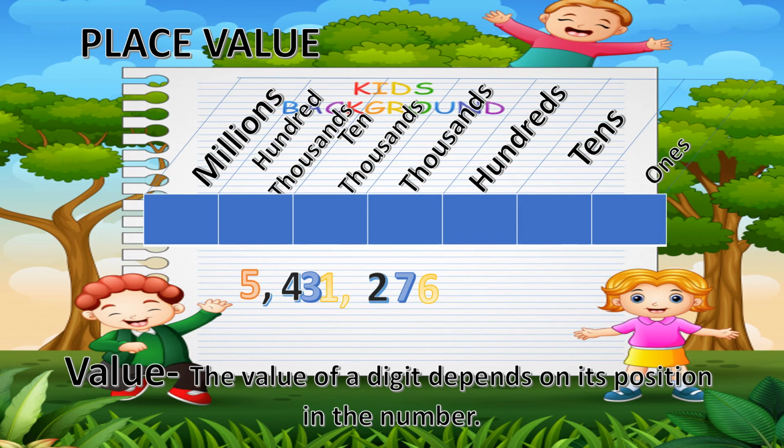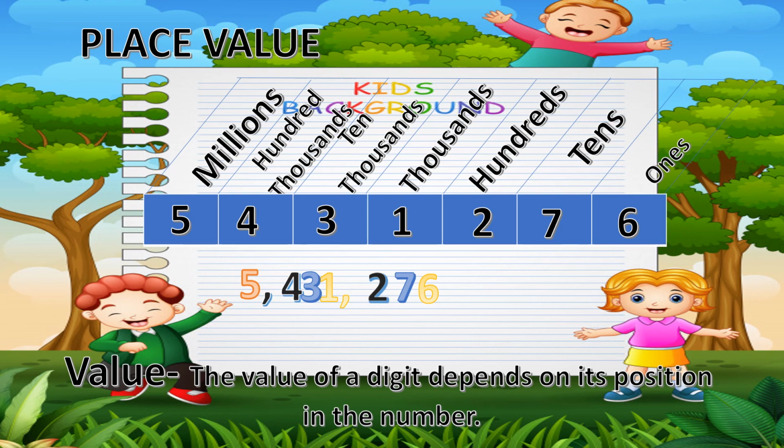Now we're going to read the number using place value. We have here 6 in the ones place, 7 in the tens place, 2 in the hundreds place, 1 in the thousands place, 3 in the ten thousands place, 4 in the hundred thousands place, and 5 in the millions place.